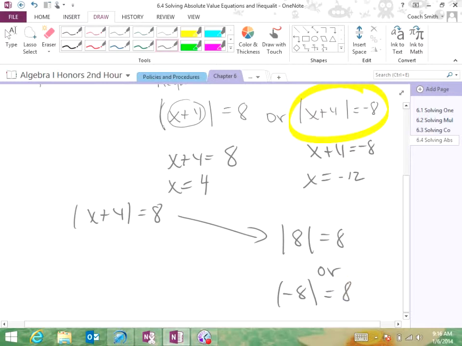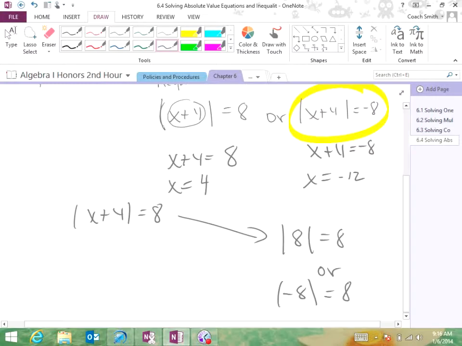And for this to be true, I'd have to set it equal up here as well. So I'm no longer figuring the absolute value. I'm finding whatever the value of x is.